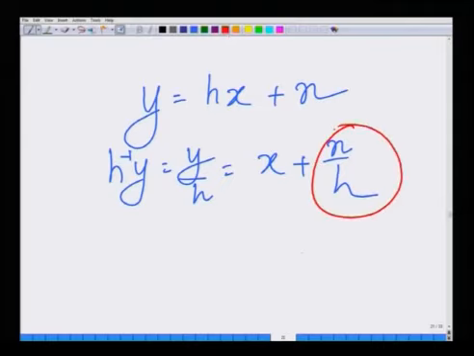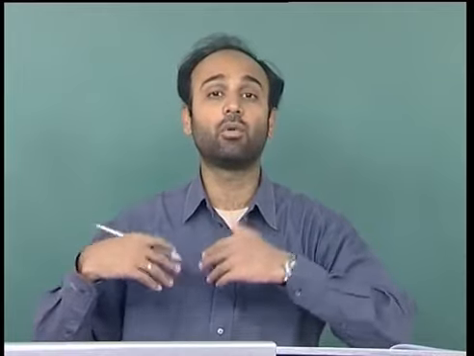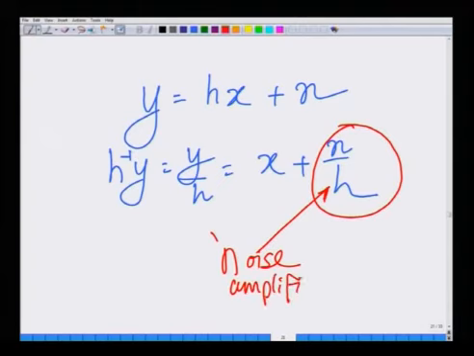You can clearly see there is a problem. If the magnitude of h is small, then n by h tends to infinity, it blows up. Hence, for low values of h, this causes instability, also known as noise amplification. Hence, the zero forcing receiver suffers from the problem of noise amplification.